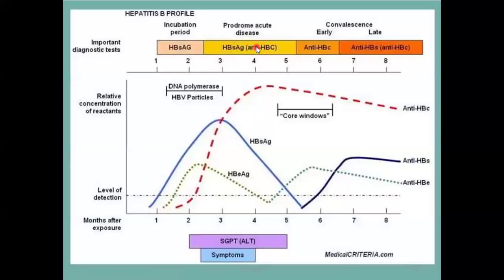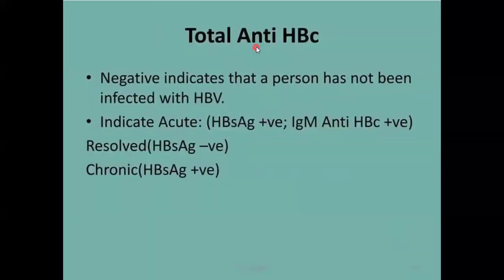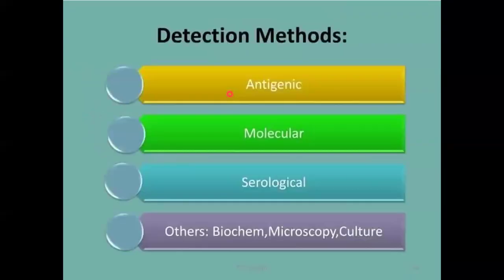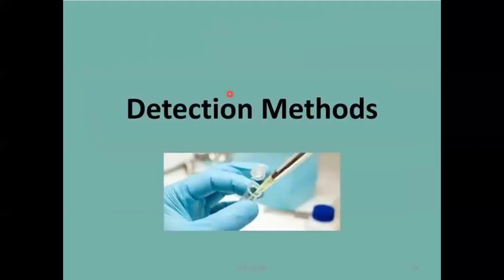Where is it? This one. Anti-HBs. It is a marker of hepatitis B vaccination. Okay, because you're injecting me with the antigen, and remember, I've never gotten the disease, so I'll only have these antibodies. Hope that's clear. Any other question on serology?